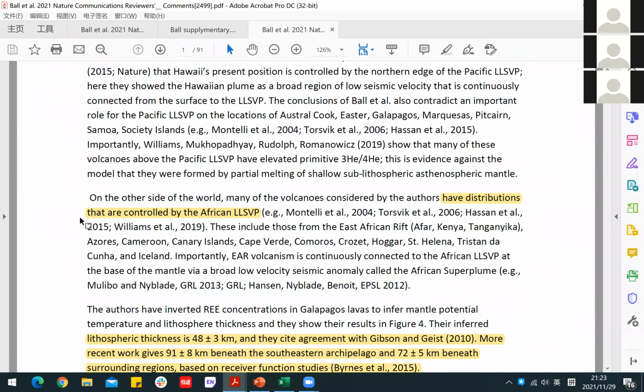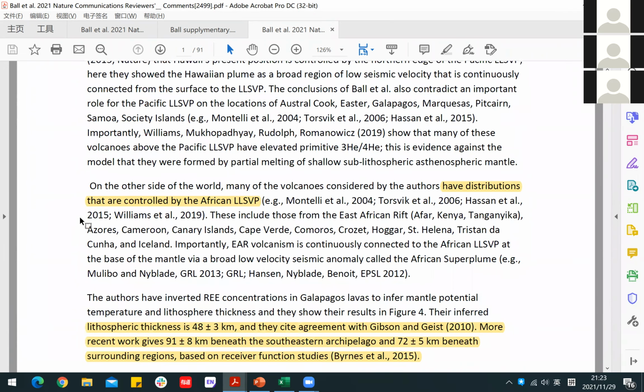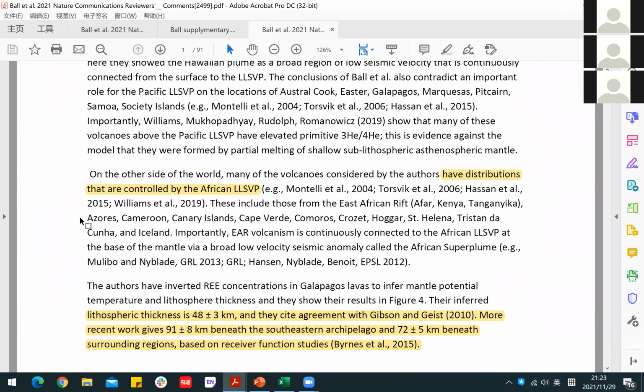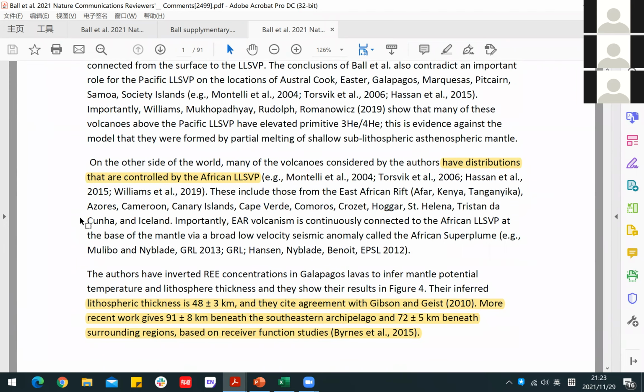So to me, first, it's not too surprising that you see the intraplate volcanism regions where they have low shear velocity. That shouldn't be.